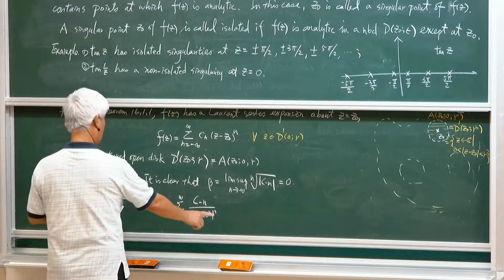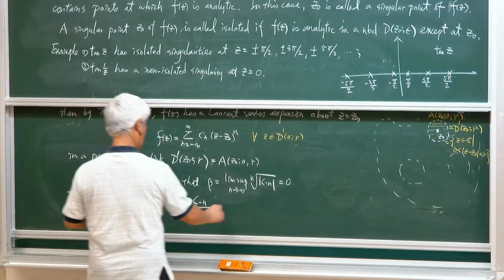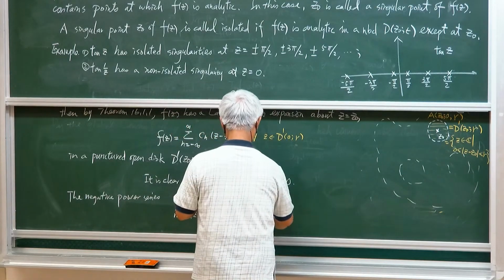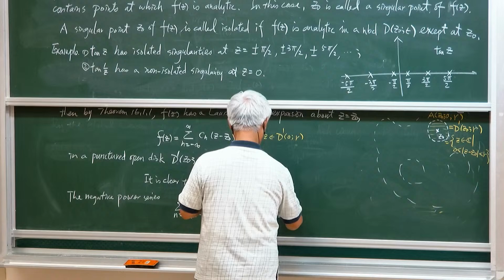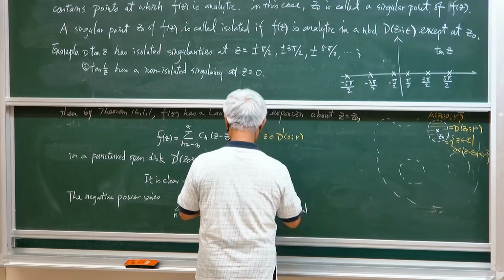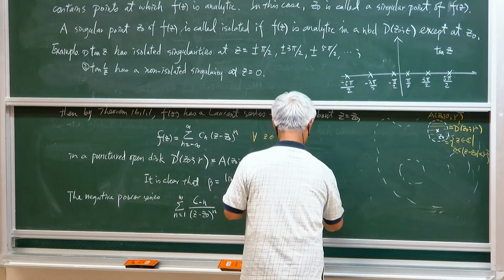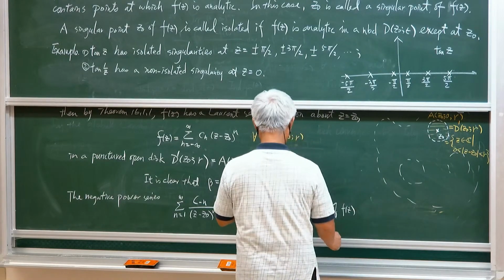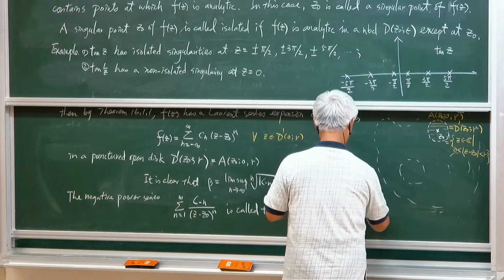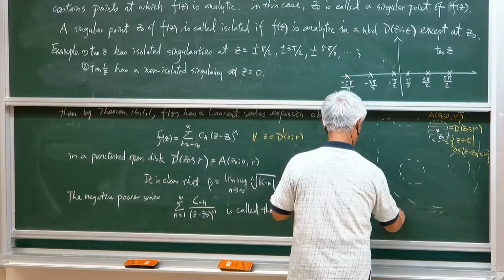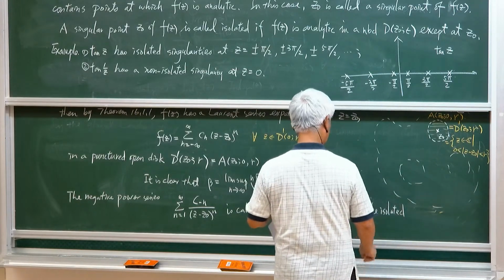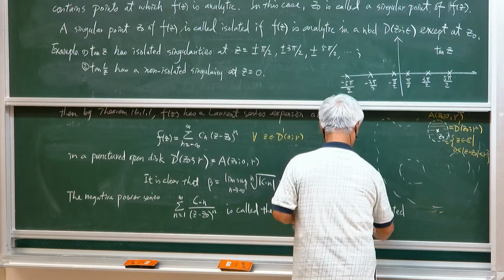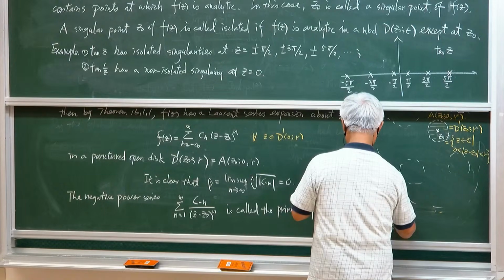Then this negative power series is called the principal part of f(z) at the isolated singular point z equal to z0.